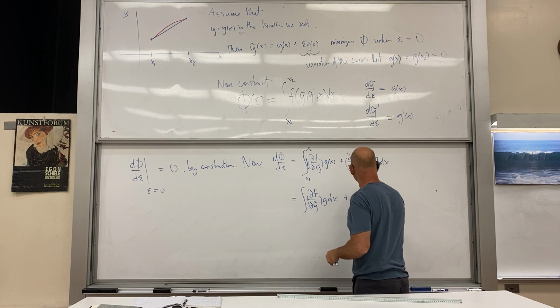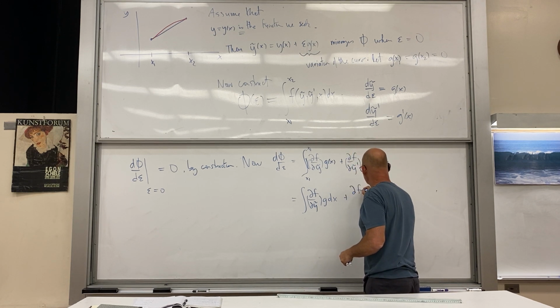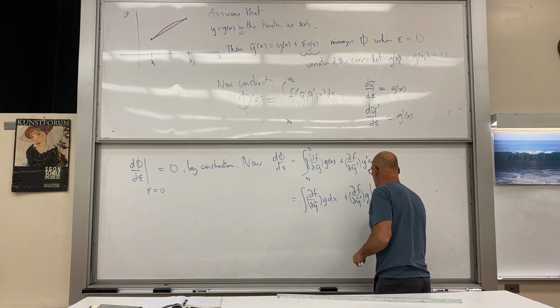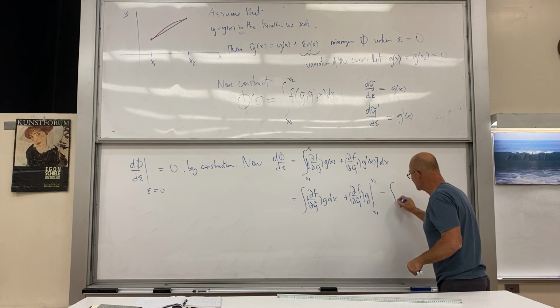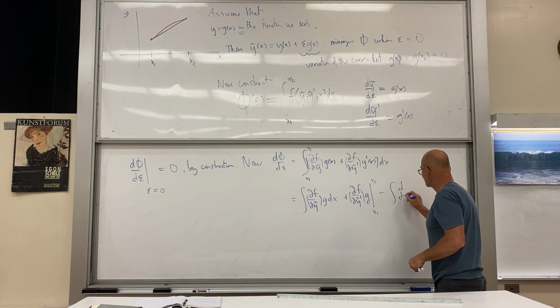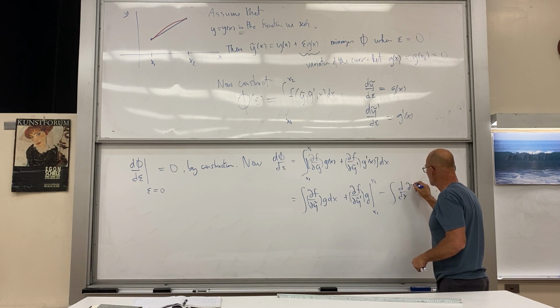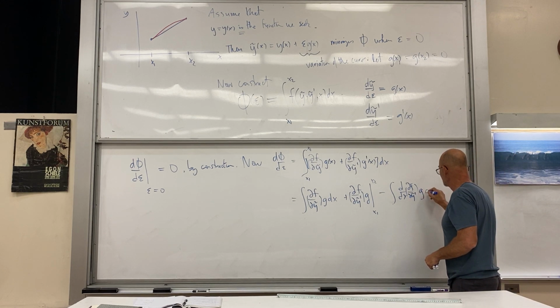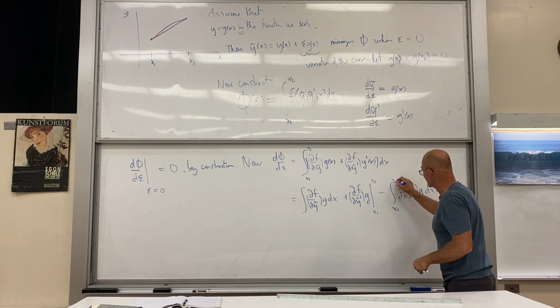So what we end up with is partial f partial y tilde prime times g evaluated x1 to x2 minus integral d dx of partial f partial y tilde prime times g dx, x1 to x2.